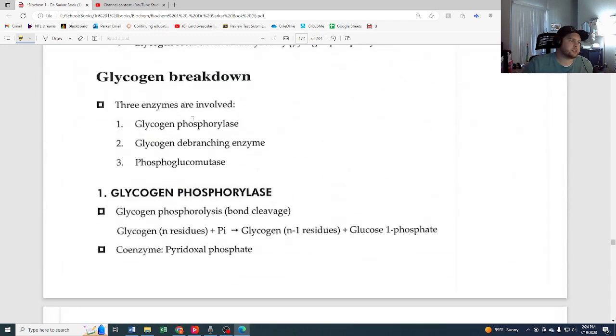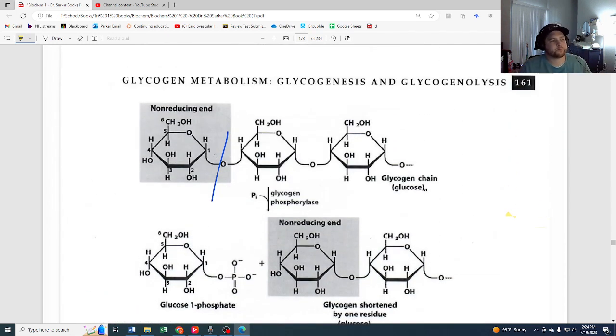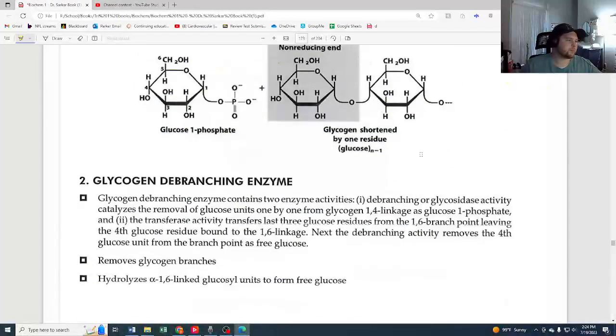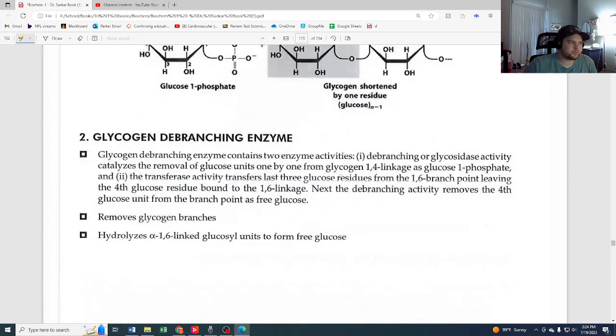So that is one step that is occurring. Now we have glycogen debranching enzyme. Because remember, we don't just have linear chains of glycogen. We also have branches that go from the 1 carbon to the 6 carbon.